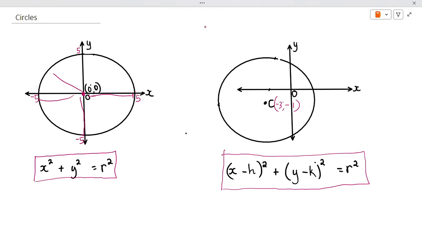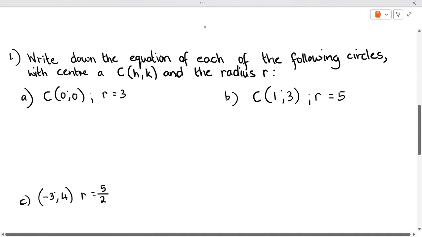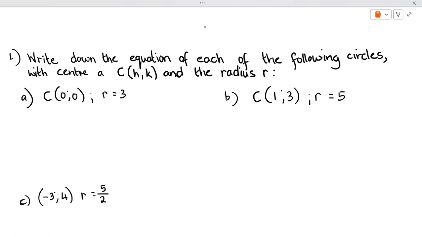Let's look at a few examples. So number 1, you would start off with: write down the equation of each of the following circles with a center C (h, k) and the radius r. So the first one, the center is 0, 0.